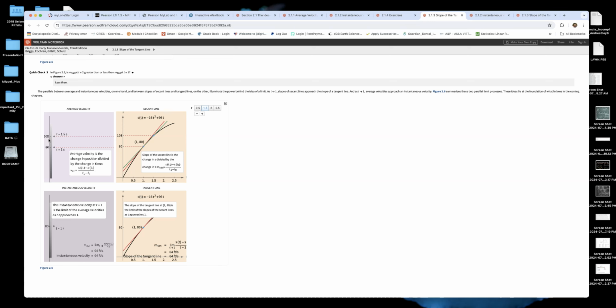Okay? And so on. So, you can see from here that this green curve approaches or tends to move to the tangent line that is in red here at this point 1. You see?